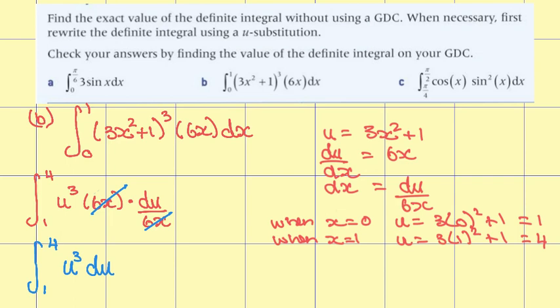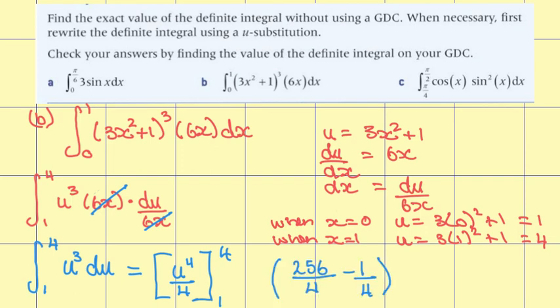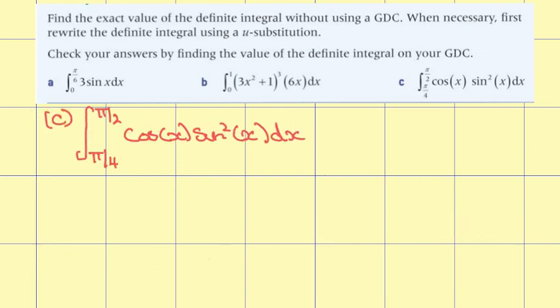We can integrate this, giving u to the power of 4 over 4 between the values 1 and 4. Substituting 4 and 1, we get 256 over 4 minus 1 over 4, which equals 255 over 4.